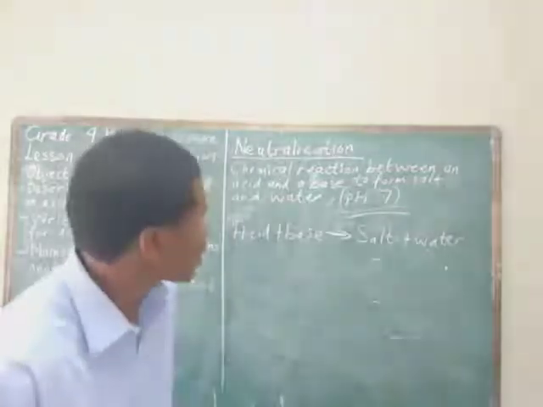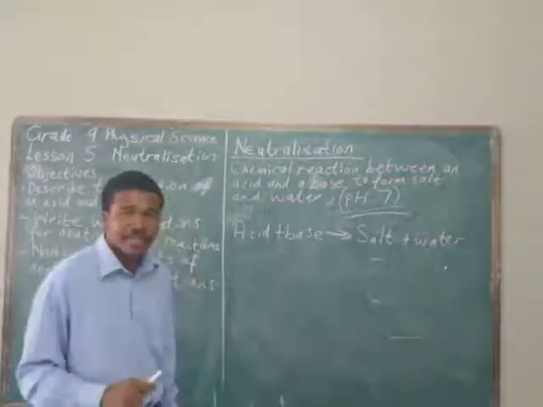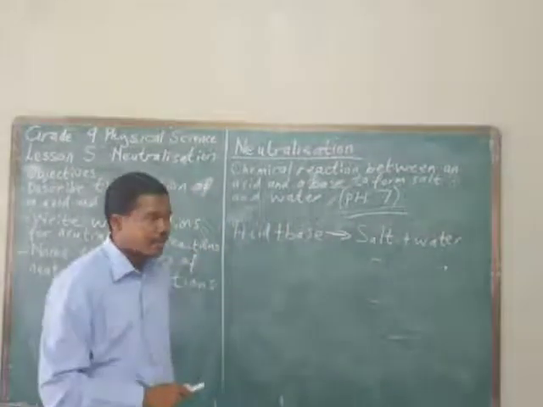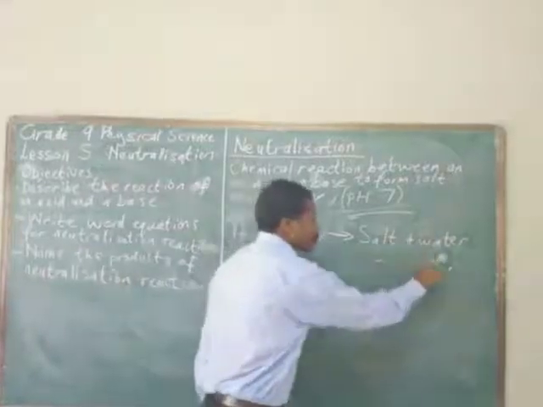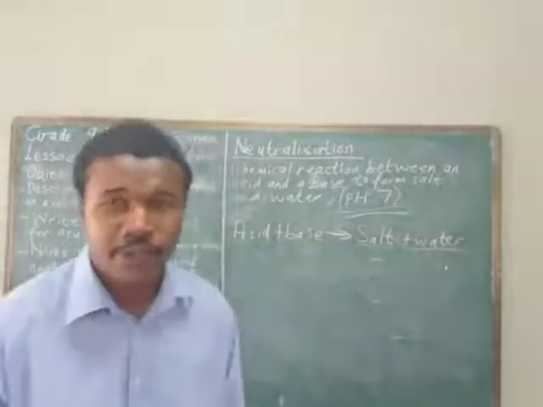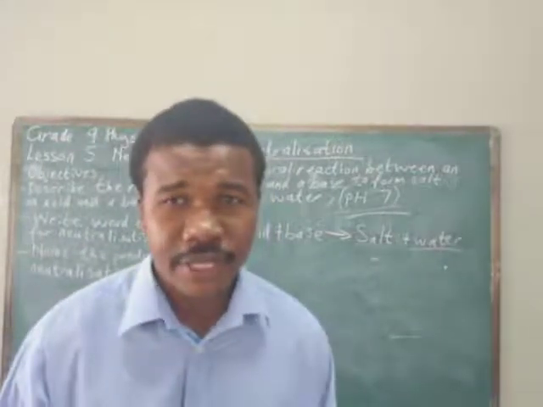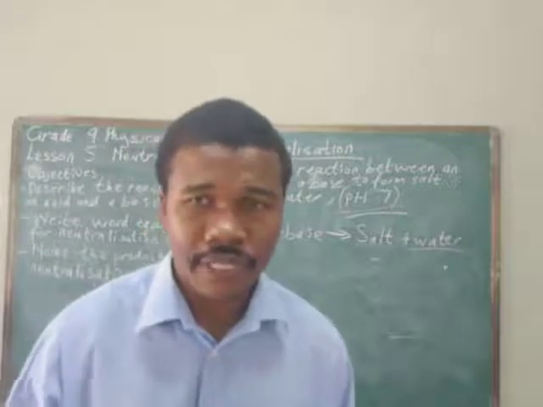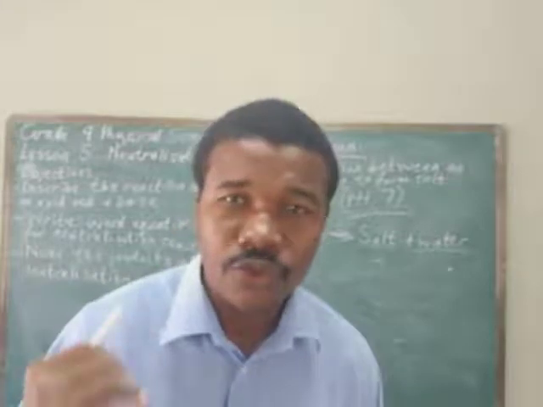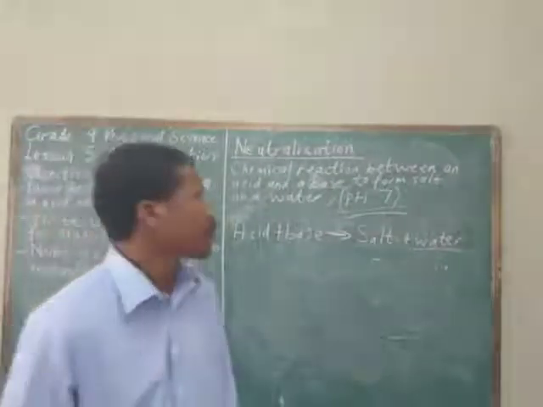Substances that have a pH of 7 are neutral substances, and we get them from a neutralization reaction, where a salt and water are produced. If you were to dip pH paper into pure water and place it on the pH scale, you would find that the pH of water is 7, because it is a neutral substance.